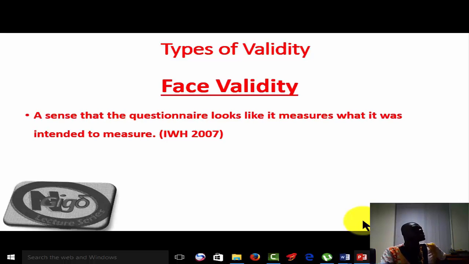Because by virtue of the responses they give, you will know whether they understand the question as it is supposed to be. You are sitting at your desk and you have constructed a certain question. The respondent's understanding of that question is key to them providing you with the right answers.